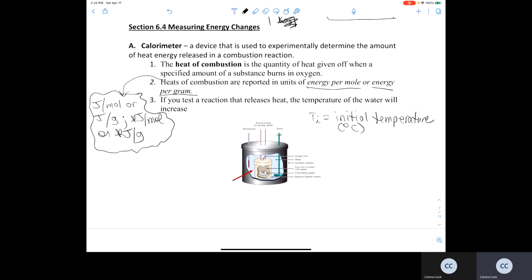Then the substance, the fuel or the food or whatever you're trying to measure the heat of combustion for, is burned or combusted. When that substance burns, the heat that's released as a result of the combustion is transferred to the water, and the water heats up.